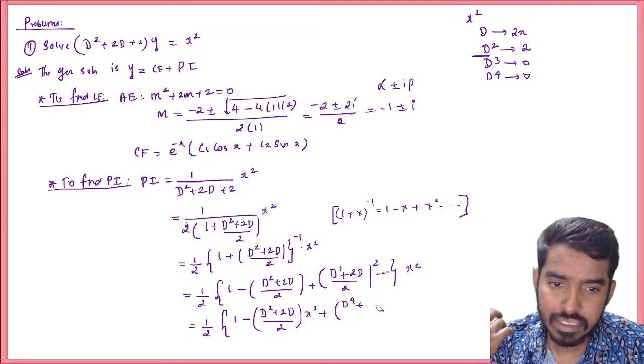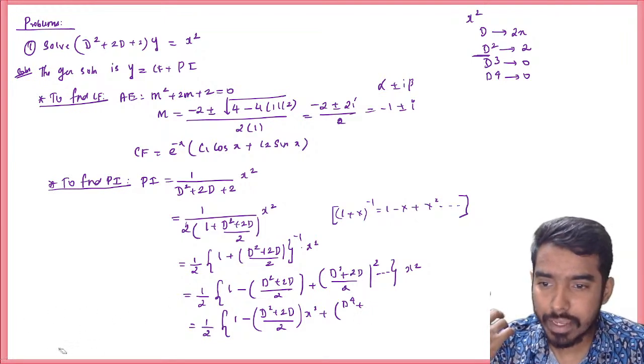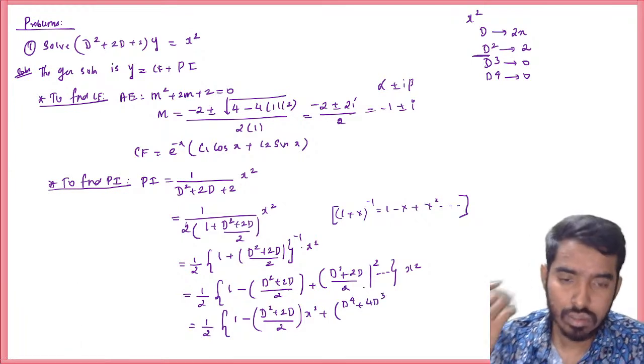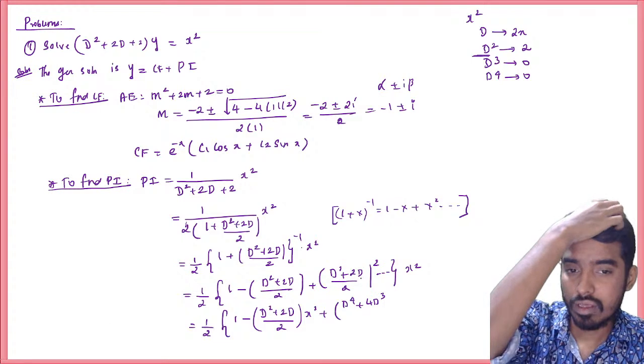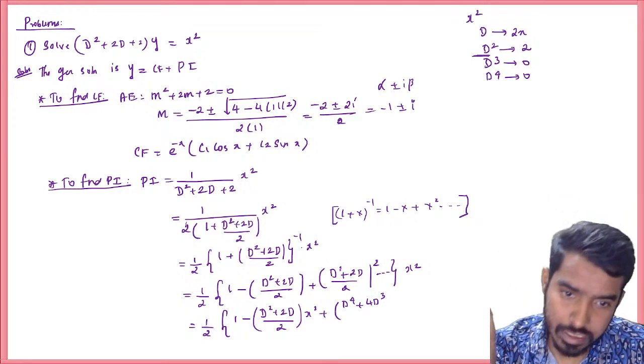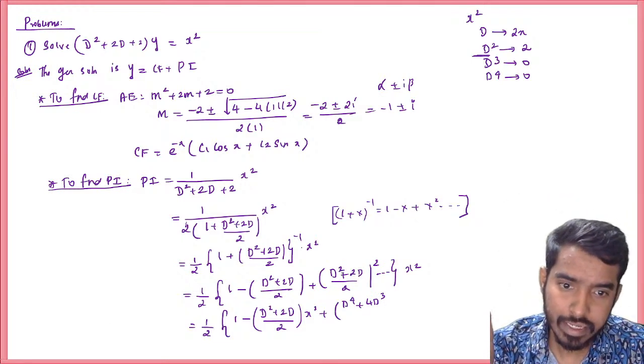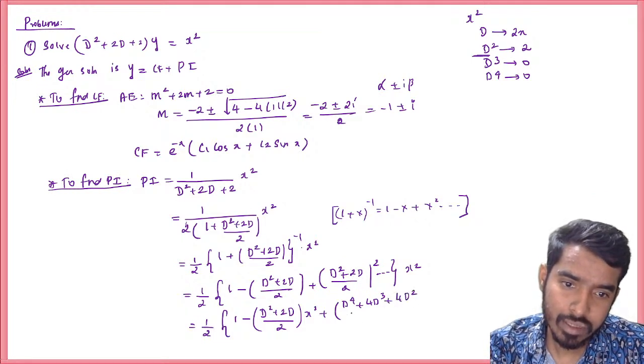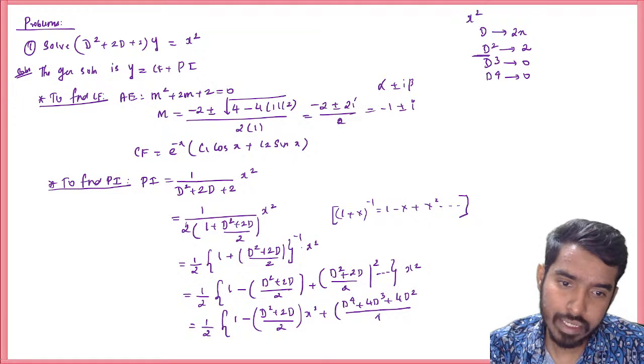So 2 times ab, so 2 times d square into 2d, so we will have 4d cube, d square plus d square plus 2d whole square, right? A square plus 2 times ab plus b square, divided by 2 square, which is 4, of x square.